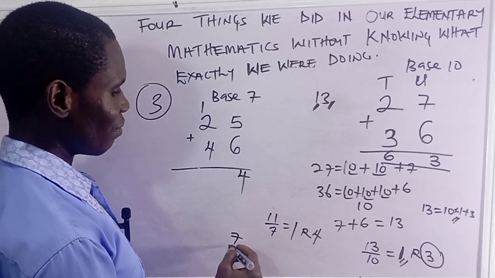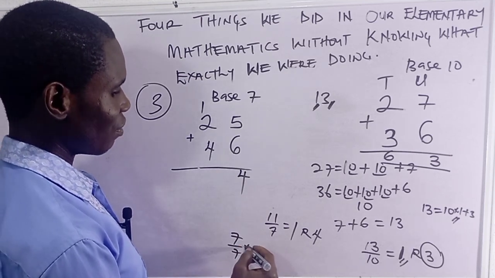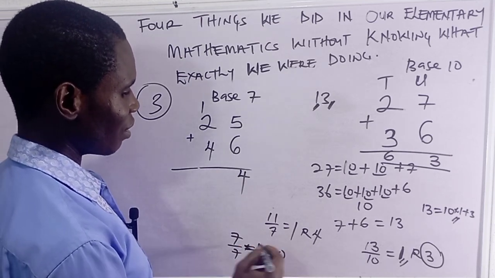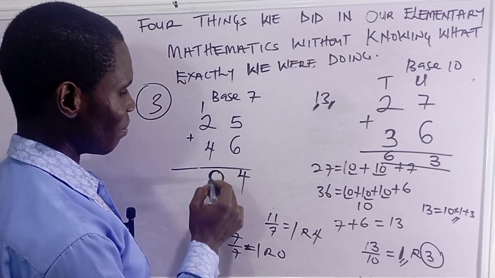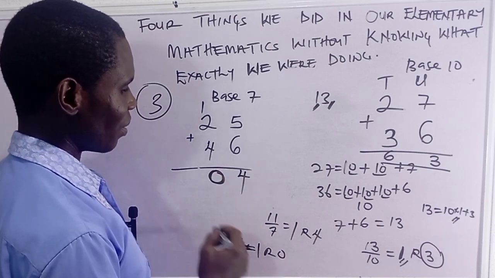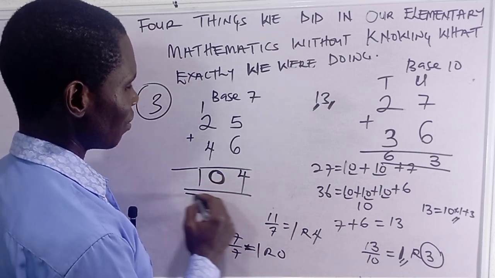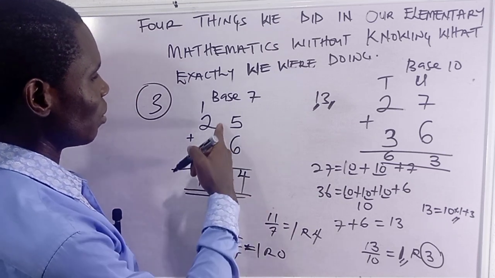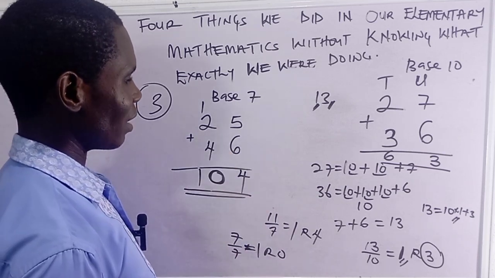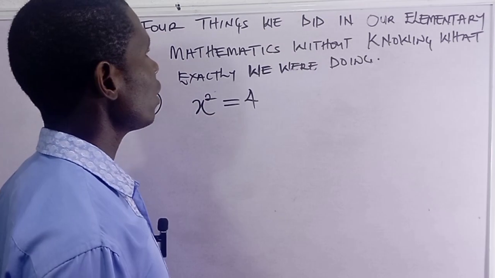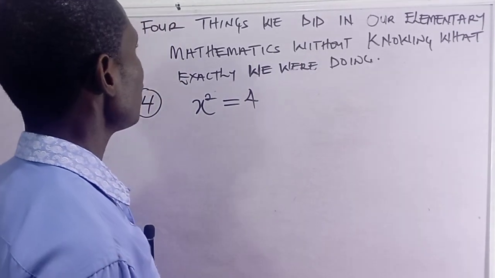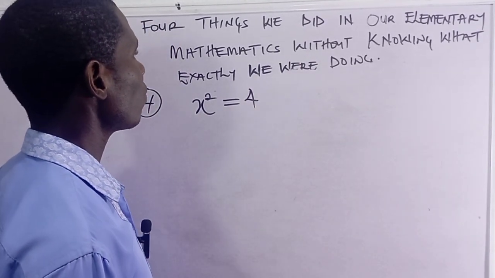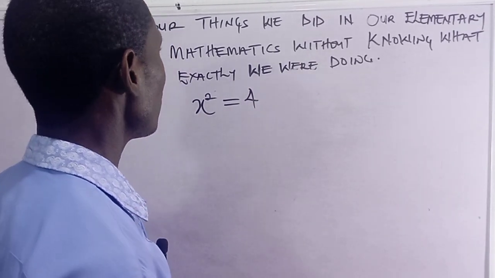So you divide 7 by 7, and that gives us 1, remainder 0. You now write down the remainder and you carry 1. So this is the answer to this question in base 7. 4 things we did in our elementary mathematics without knowing what exactly we were doing.